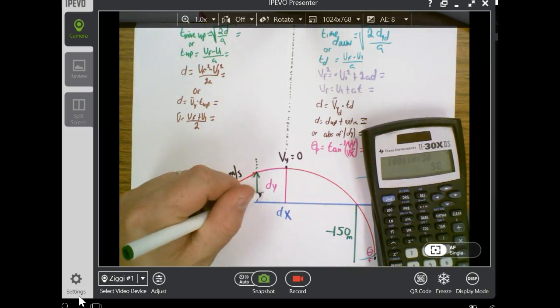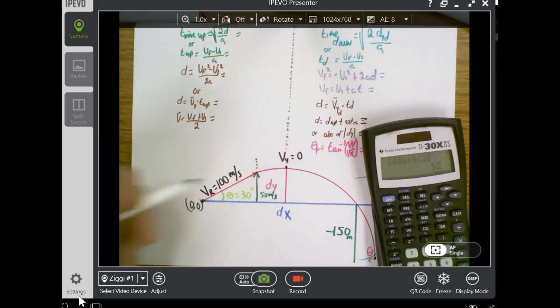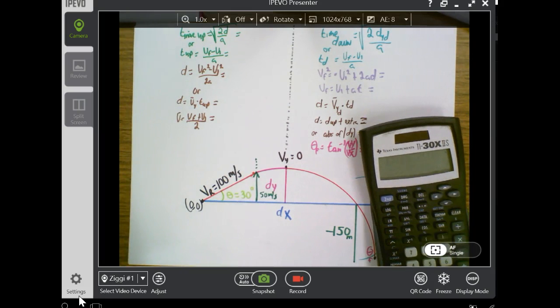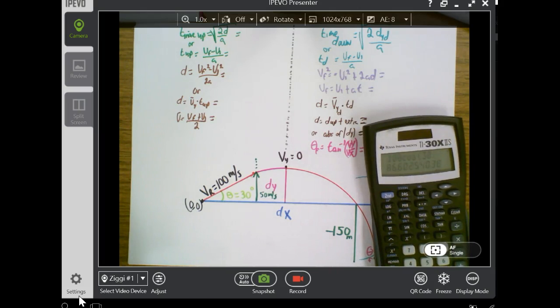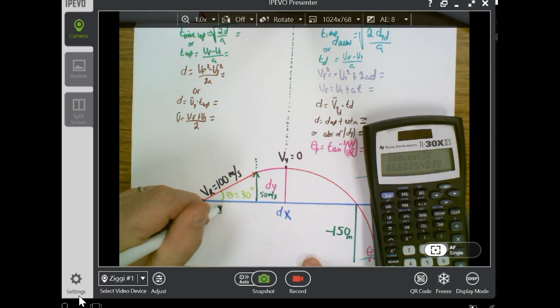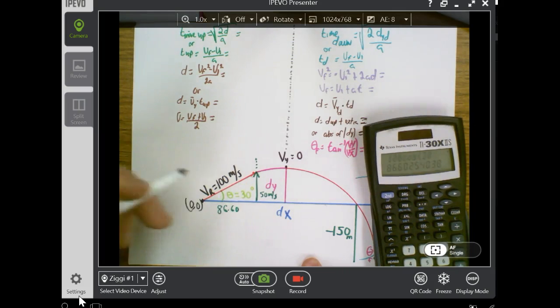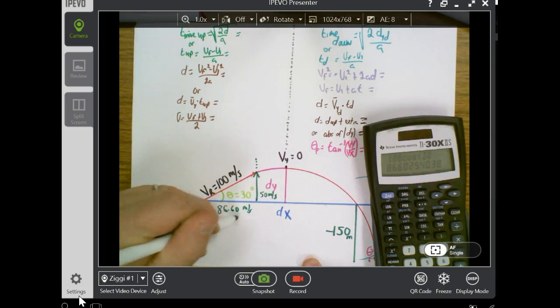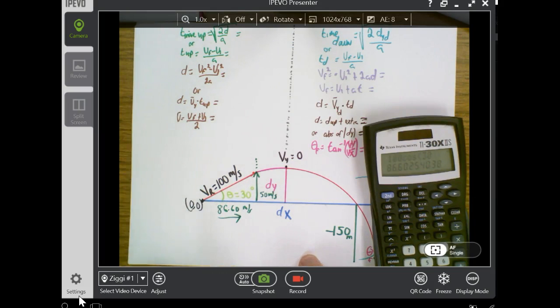So this is 50 meters per second. I do this again, 100 cosine 30, and it gives me 86.6. So this is 86.60 meters per second in this direction.